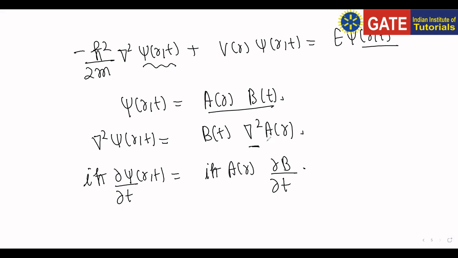These are partial derivatives. Second step, you did del square of that equation. In Cartesian, del square is del 2 upon del x2 plus del 2 upon del y2 plus del 2 upon del z2. That is clear.